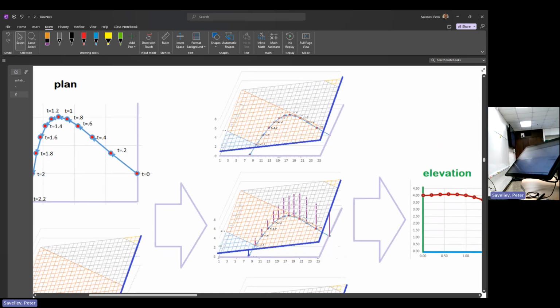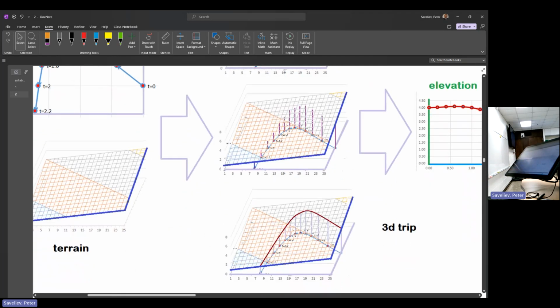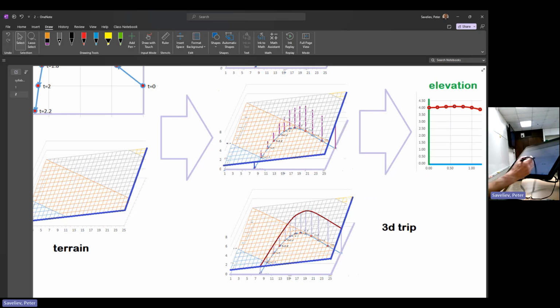You see here, originally the curve on the left is plotted underneath, and then it's lifted, I can't think of a better word, to the surface that represents the terrain. That's the composition. And then it traces out, as you can see here, the path on the terrain. That's the reality. That's the actual trip.